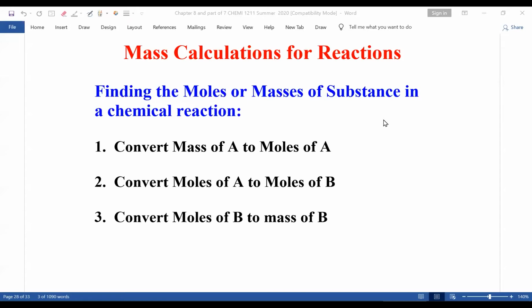And when you have a reaction, a balanced chemical equation, you can use that to determine various amounts of chemicals you have to mix together to make a certain amount of a product you want.